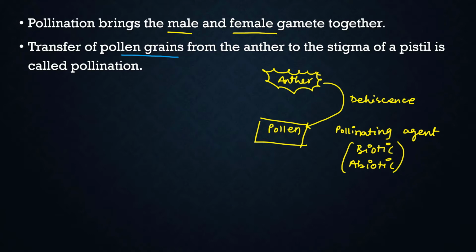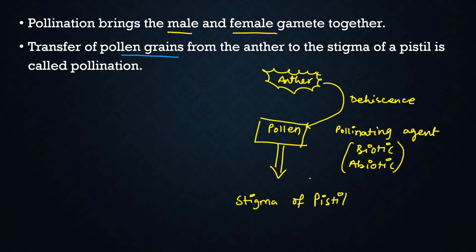So for pollination to occur, these pollinating agents take the pollen, or allow the pollen to reach the stigma. Stigma of what? Stigma of the pistil. And when the pollen grain reaches the stigma of the pistil, that completes the process of pollination.